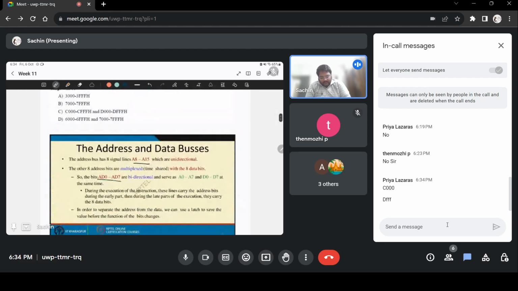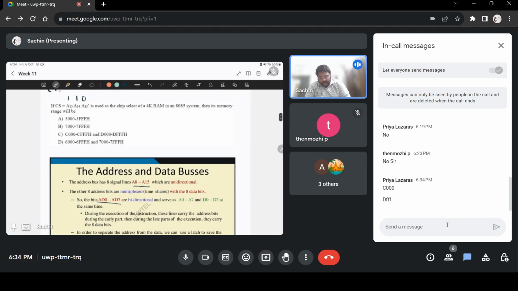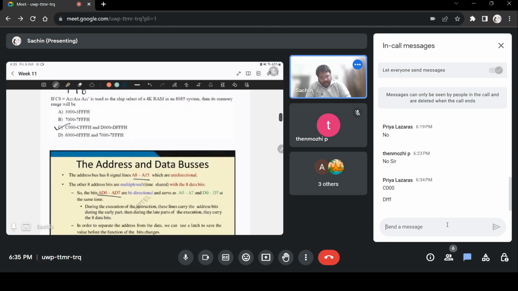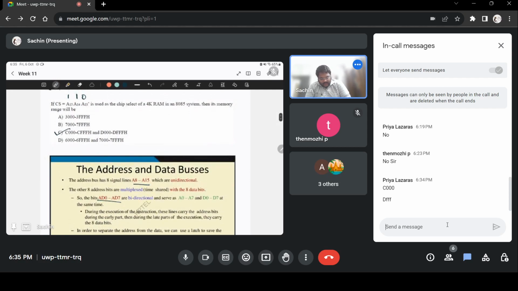Yeah. So C000 to DFFF, but they have split that in 2 parts in the options. So this is the same thing. They have written it in a different way. The number after CFFF is D000.